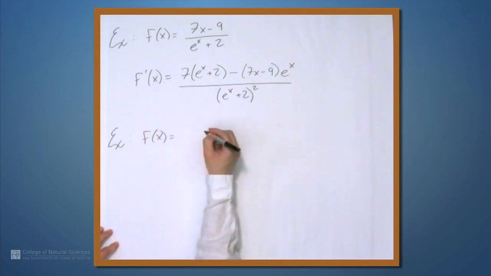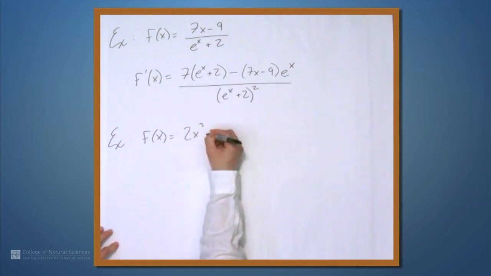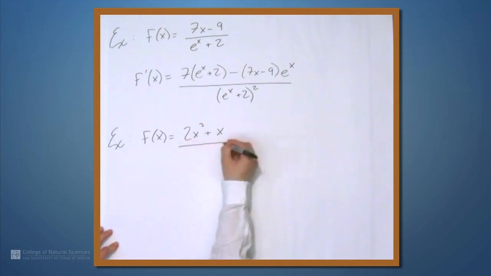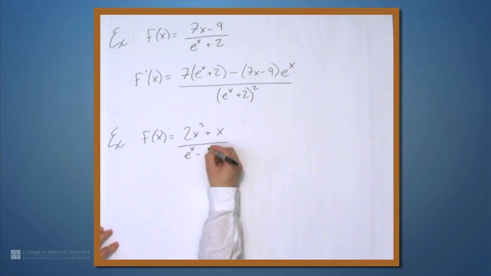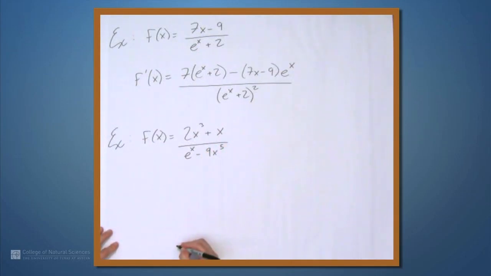Let's say f of x is 2x cubed plus x all over e to the x minus 9x to the 5th. What's f prime?